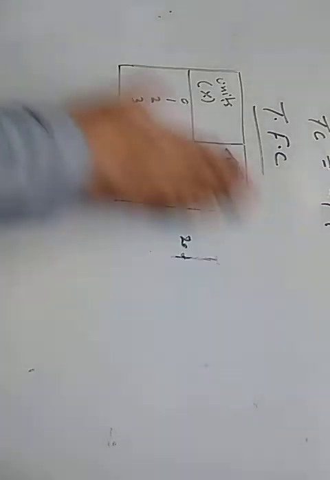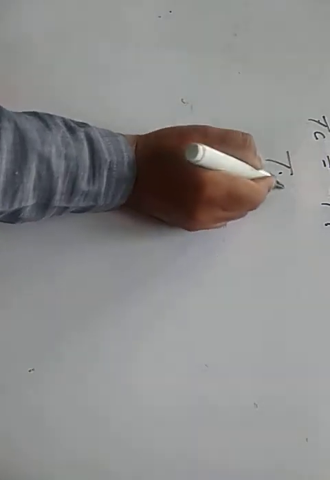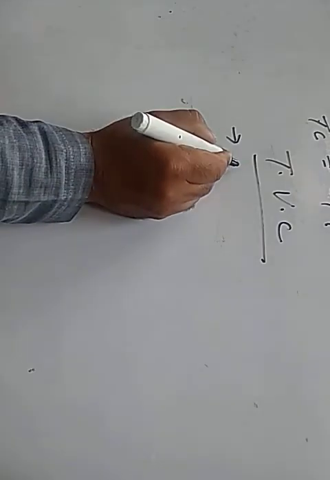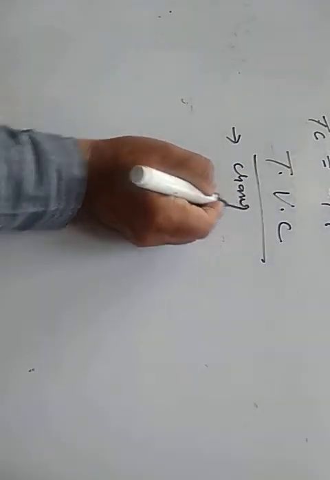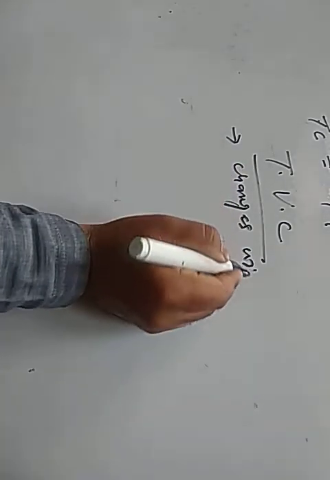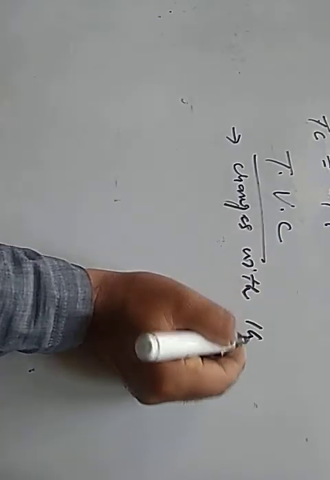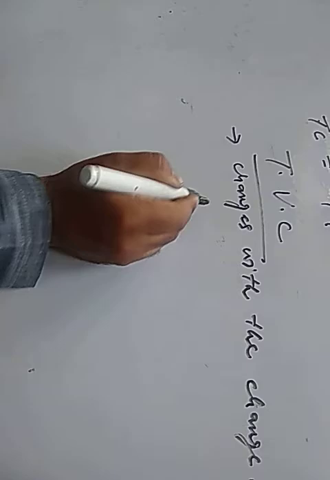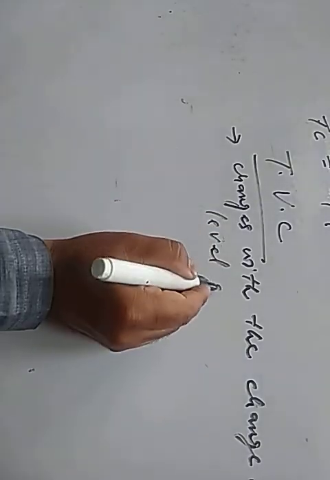Now we will learn about total variable cost. Total variable cost means those costs which change with the change in level of output.